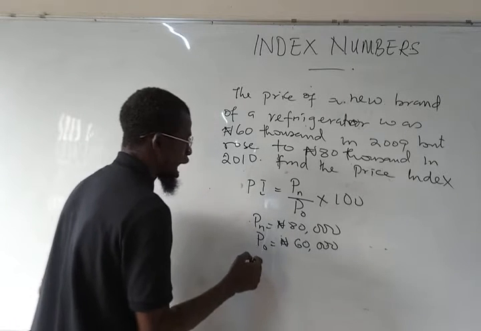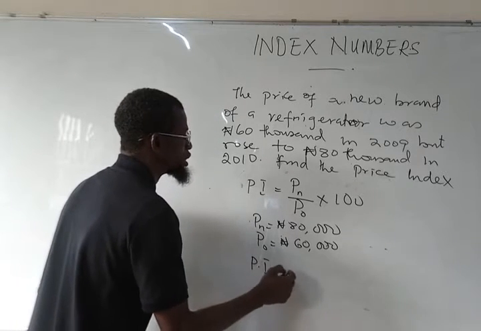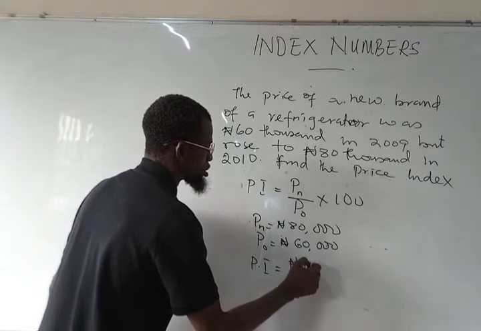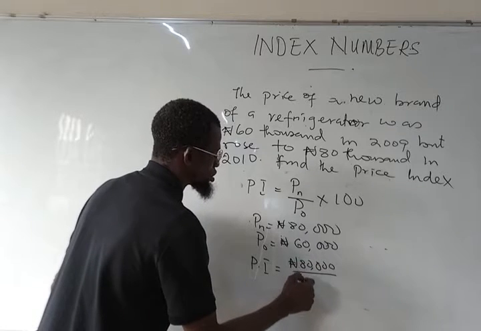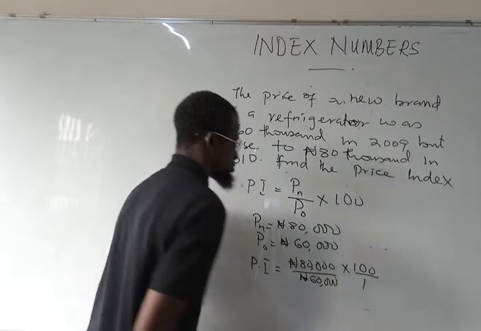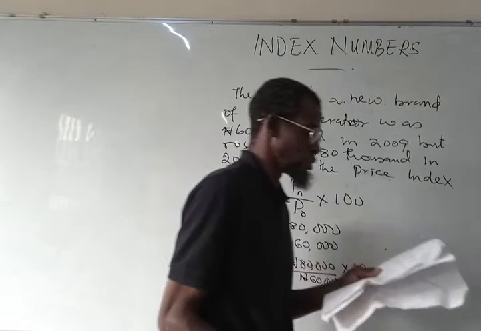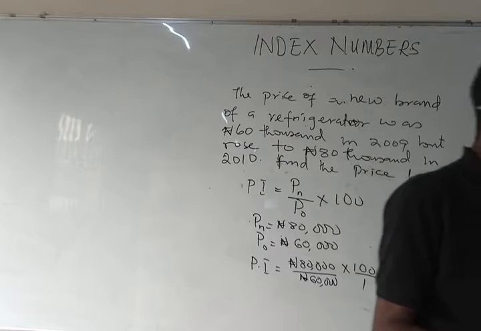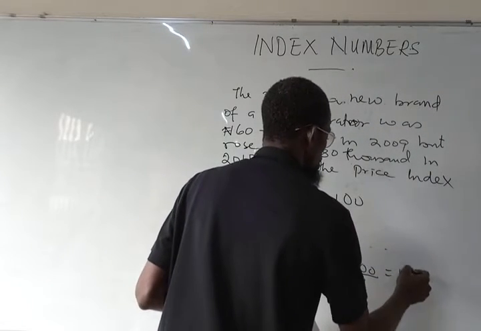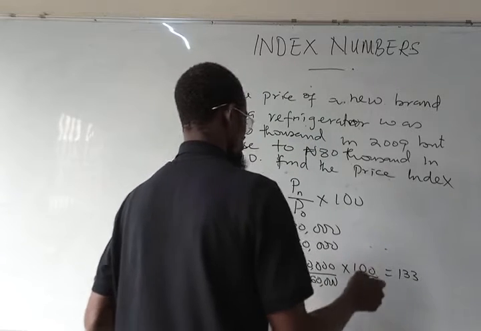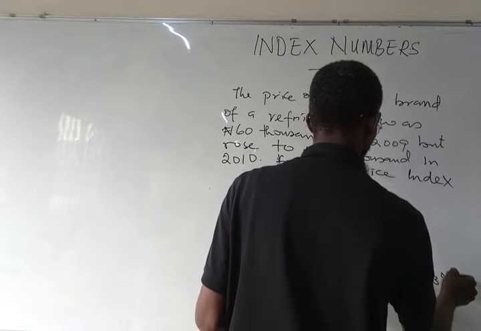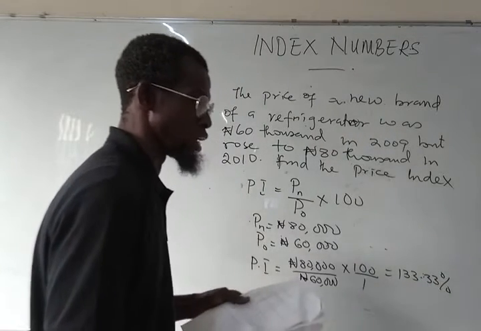Therefore, we can now have our PI, which equals 80,000 over 60,000 times 100 over 1. And I believe if you use your calculator very well, you realize that this will give us 133.33%.